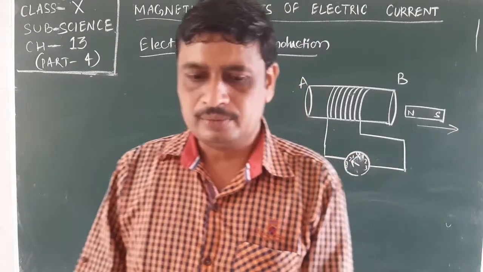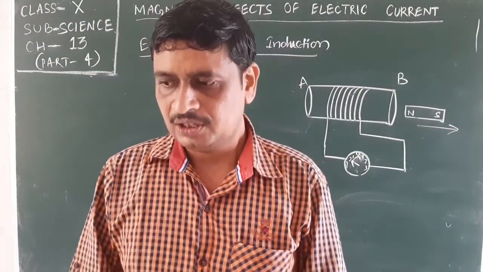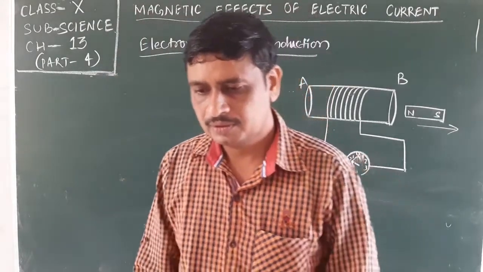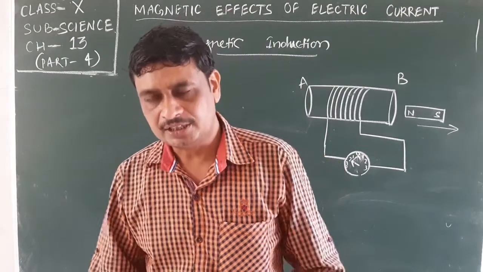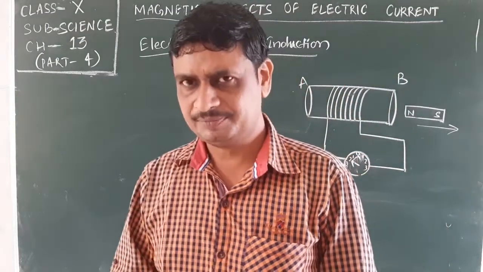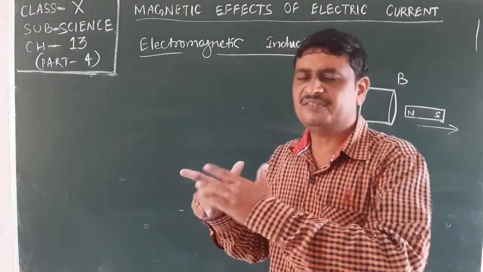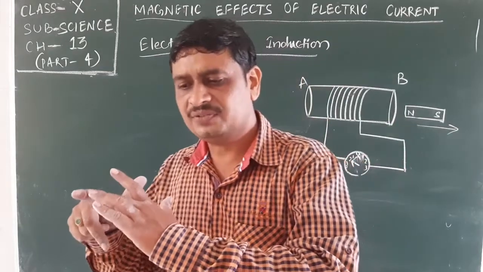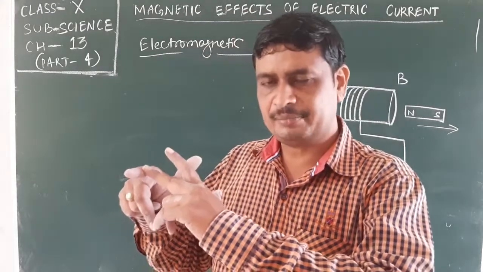Next, we'll read about Fleming's right hand rule. If we stretch the thumb, first finger and middle finger of our right hand in such a way that all the fingers are mutually perpendicular to each other, then the first finger shows the direction of the magnetic field.